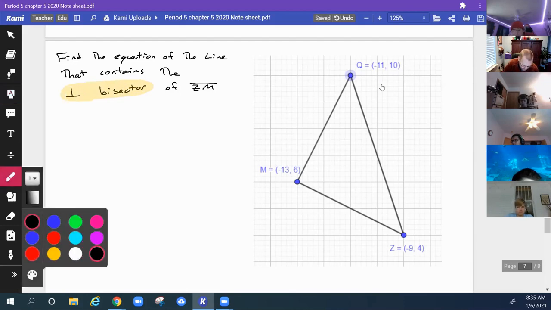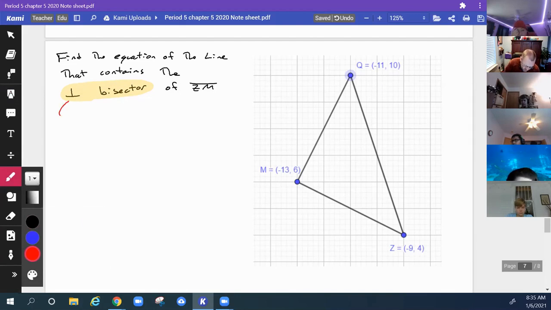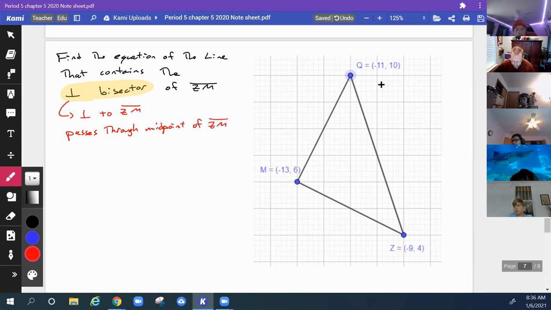Okay. So remember what a perpendicular bisector is. Of ZM, this means it's going to be perpendicular to ZM, and it also passes through the midpoint of ZM, because that's what the phrase bisector means. So I'm going to do my best to draw it out here. Remember, all I'm doing is going through ZM, so I have to go through some kind of midpoint.